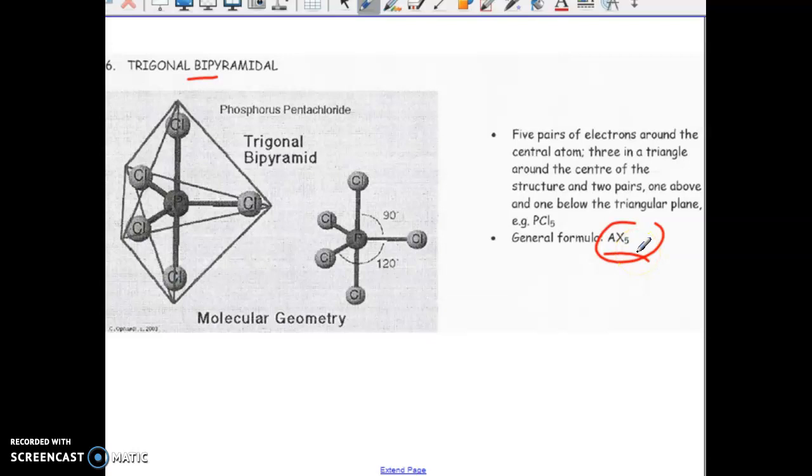When you're drawing these, you have to keep in mind the Lewis structure you draw. This is actually why you do Lewis structures in grade 11 and again in grade 12, because if you have the incorrect Lewis structure, that's going to impact what shape you dictate that it is. So it's really important that you practice your Lewis structure drawings.